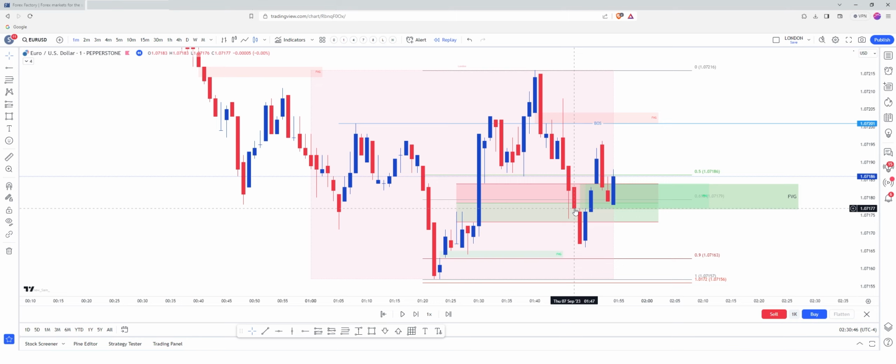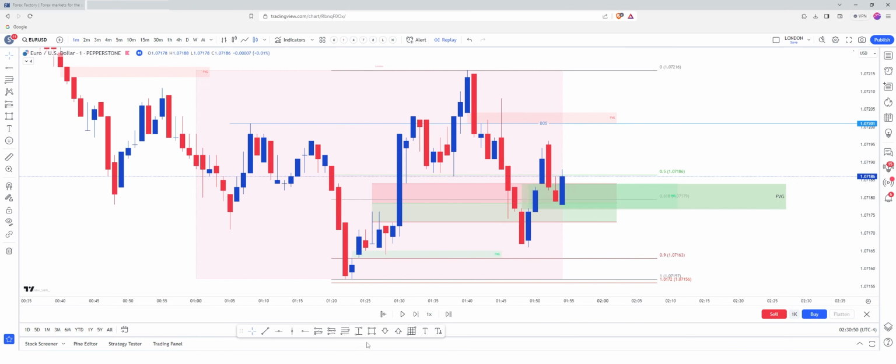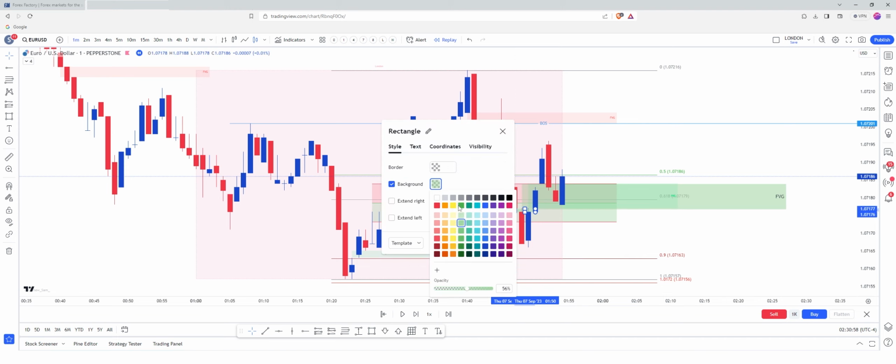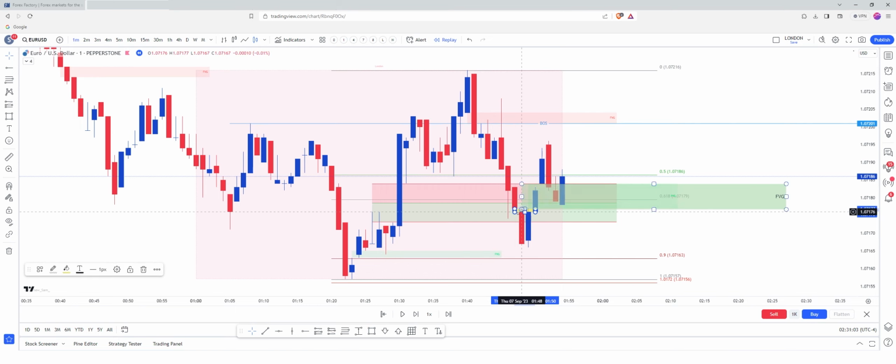So I view volume imbalance as very, very similar to fair value gaps. So this little gap between the close of this candle and the open of this candle is a volume imbalance into a fair value gap as well. So I'm seeing indications that this is going to be a sensitive area.